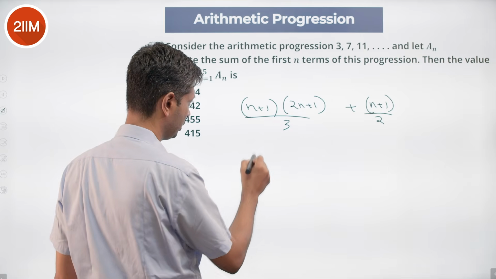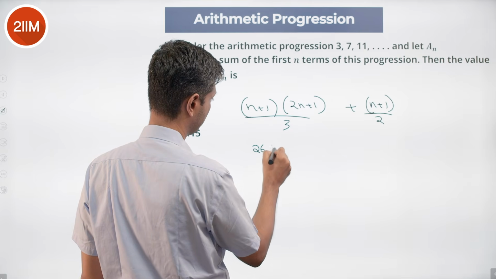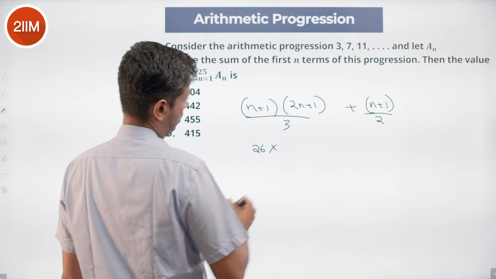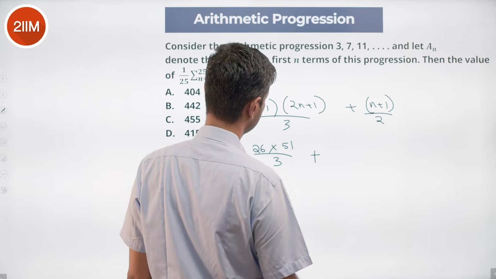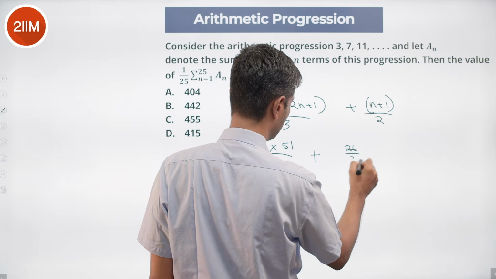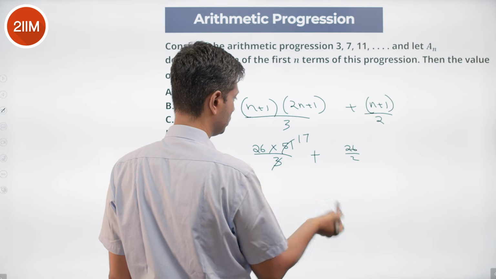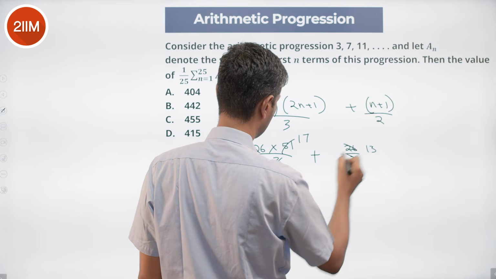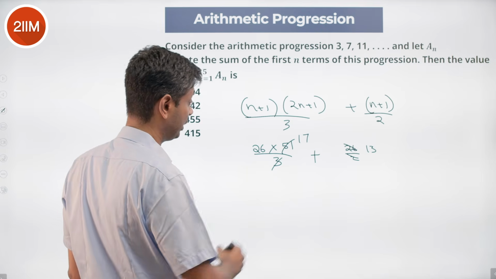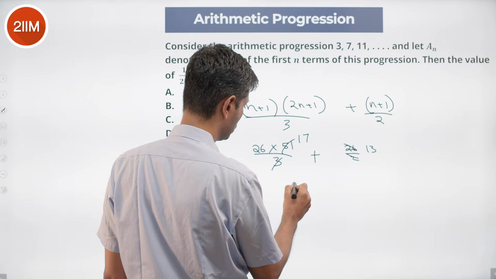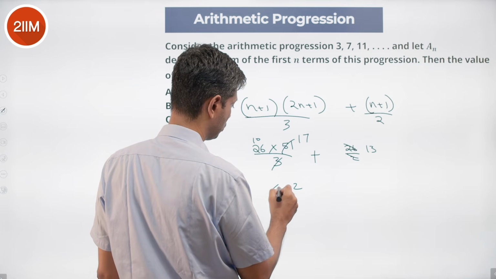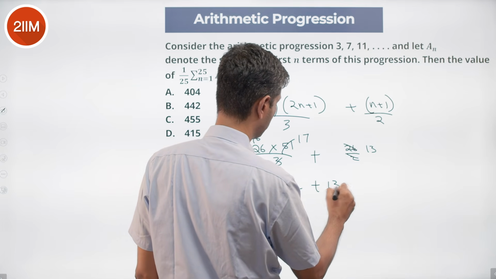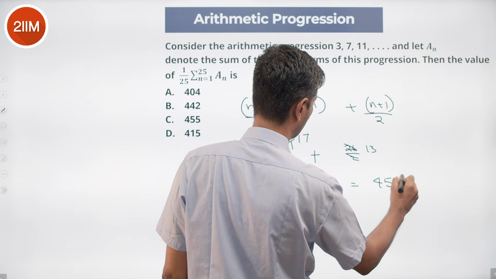Where n is 25, 26 into 51 by 3 plus 26 by 2. This is 13. 26 into 17, 17 6s are 102, 17 into 2 is 34 plus 10, 44, 442, plus 13, which is 455.